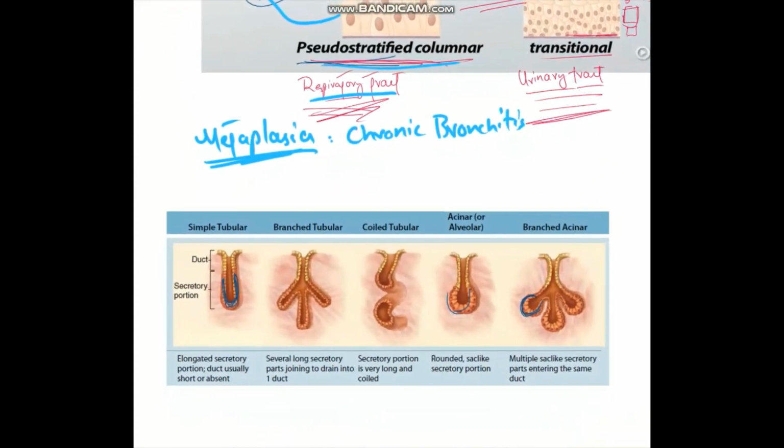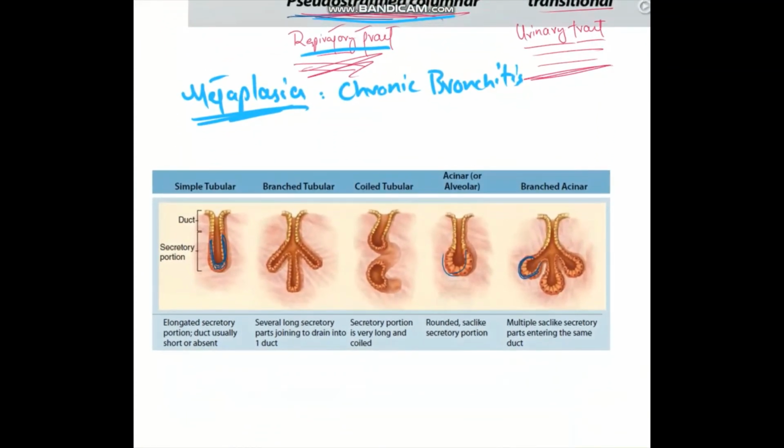And last but not least, we are going to discuss glands. Let me just write that down. Glands. All right. Glands are usually of two types: simple or branched. So simple would be just like this, non-branched, and then you'd have branched.